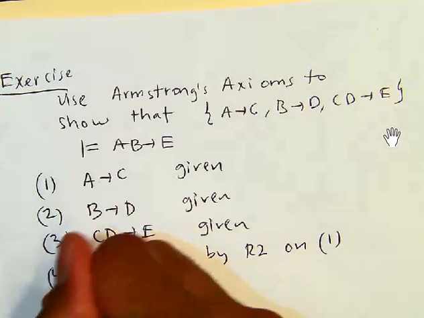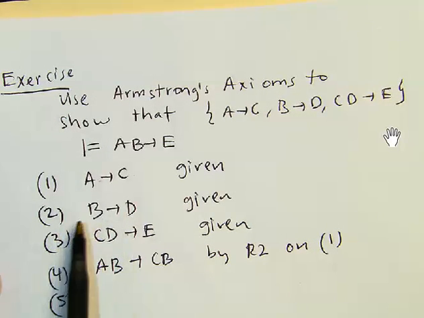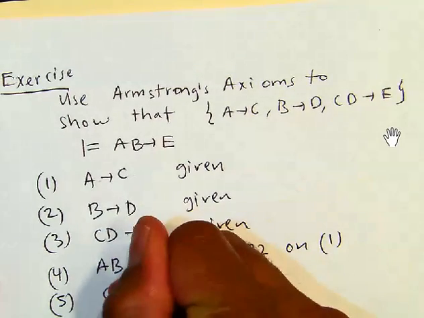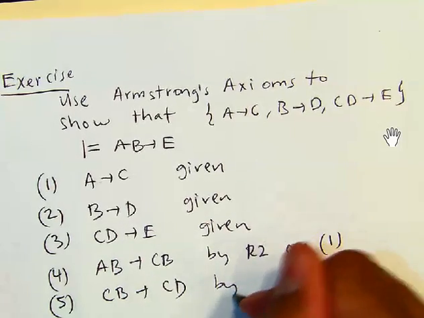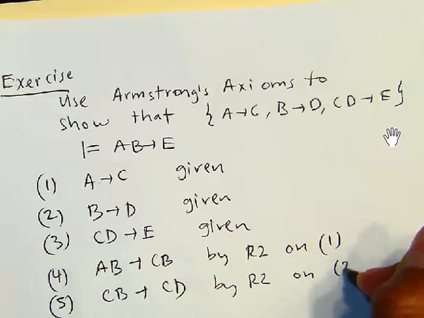Now my fifth statement, I can add the CB in those two sides, and then we can say that CB implies CD, and this is by rule 2 on 2.